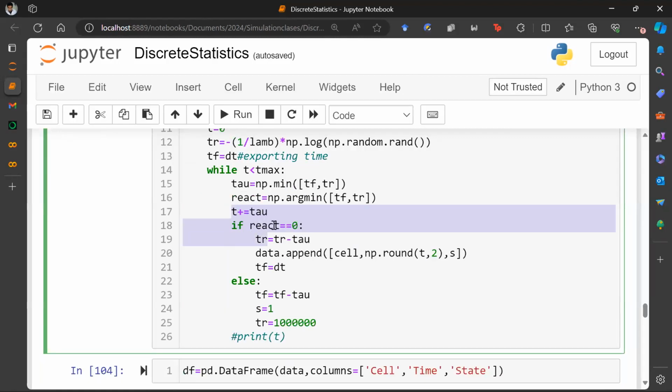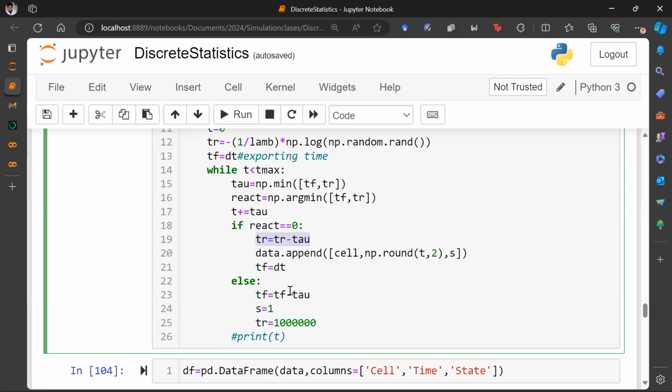So my time is going to evolve by tau, and then if my reaction is 0, I subtract tau from the time to reaction, and I save the data. And my new time for exporting is dt. If it's the opposite, I do the opposite.